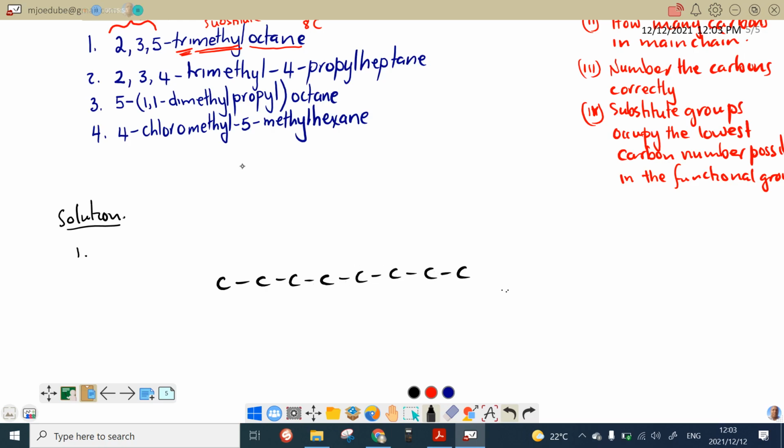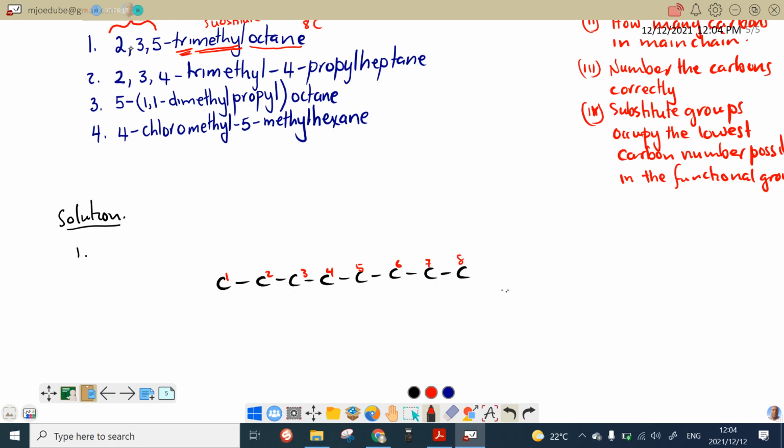These are my 8 carbons. Then I've got my substituent groups, which are methyl groups, found on carbons 2, 3, and 5. I'm simply going to come from left to right and number them. This is carbon number 1, this is carbon number 2, 3, 4, 5, and that's carbon 6, 7, and 8.